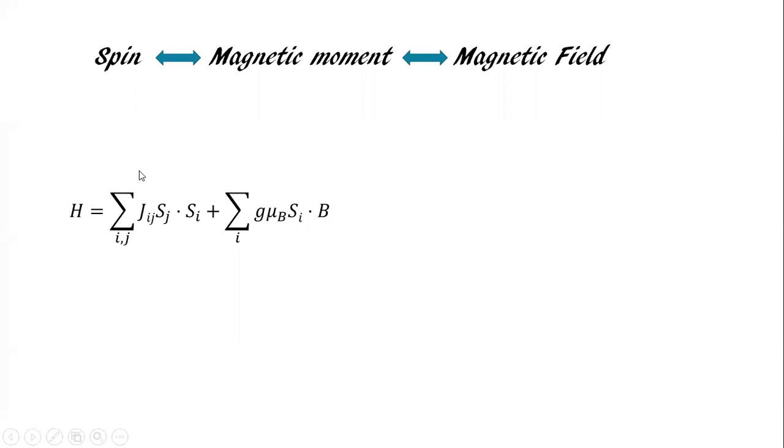Now, I know that my spin is related to magnetic moment and my magnetic moment is related to magnetic field.